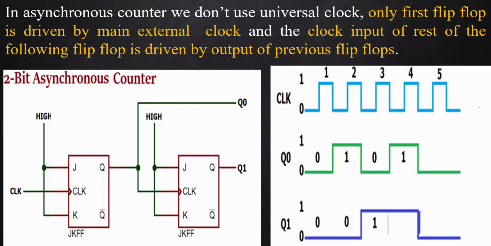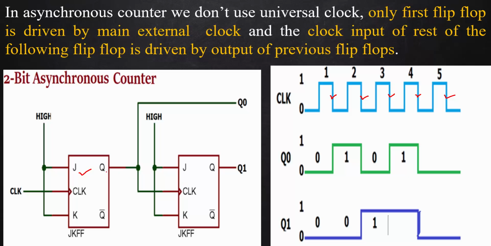Okay, and this is the timing diagram. So consider this is negative edge triggering. This one indicates the external clock pulse. This is going to trigger your first flip-flop, which is directly connected to the external clock pulse. Its output is going to act as a clock for the second flip-flop.